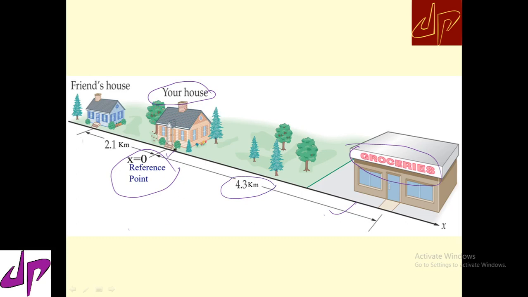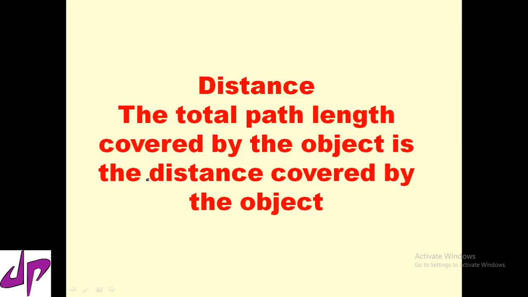Suppose you want to move from your house to your friend's house, which is at a distance of 2.1 kilometer. Again you have to start from your house, so your house is the reference point. A reference point is easy to use to calculate the distance in motion.